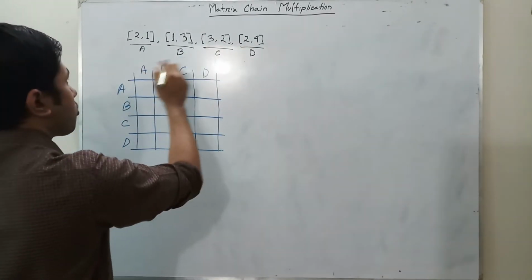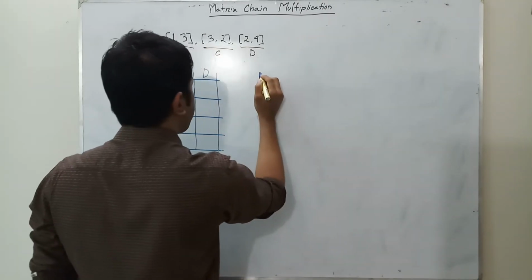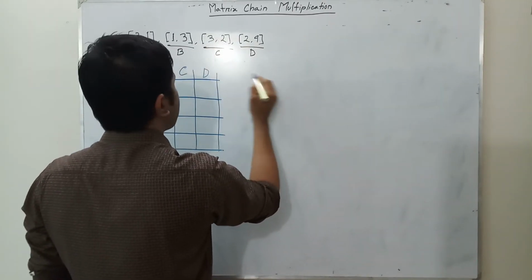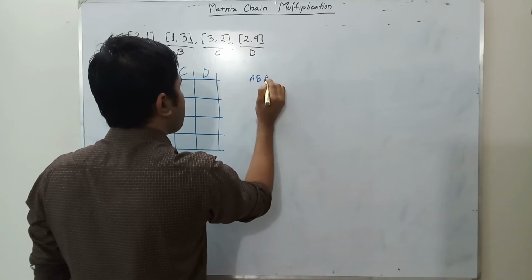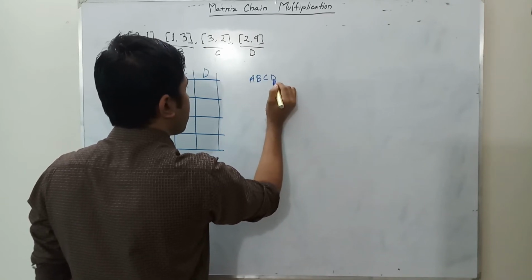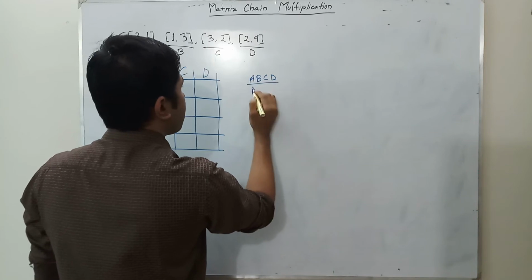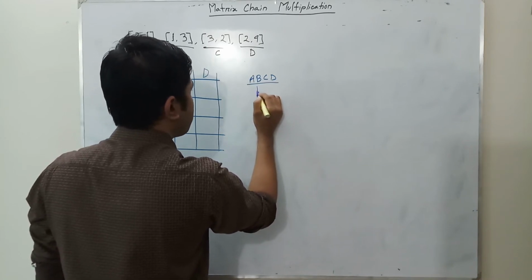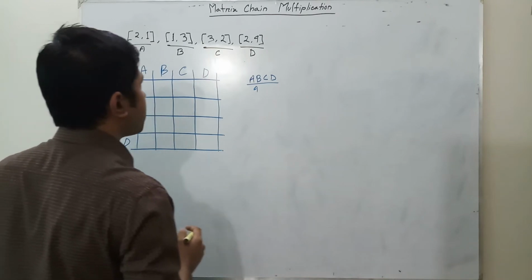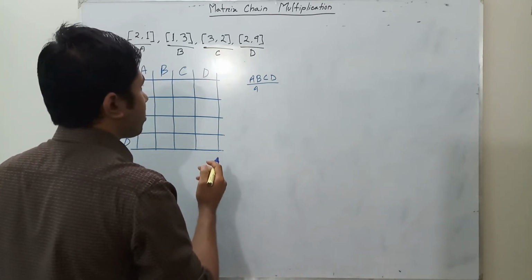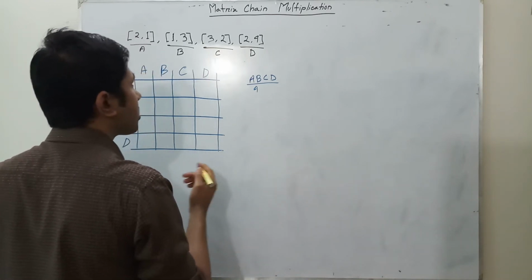We have 4 matrices and we will multiply them with each other, and the chain length here is 4. We will find out for A, B, C with D. We will solve the problem using the bottom-up approach of dynamic programming.